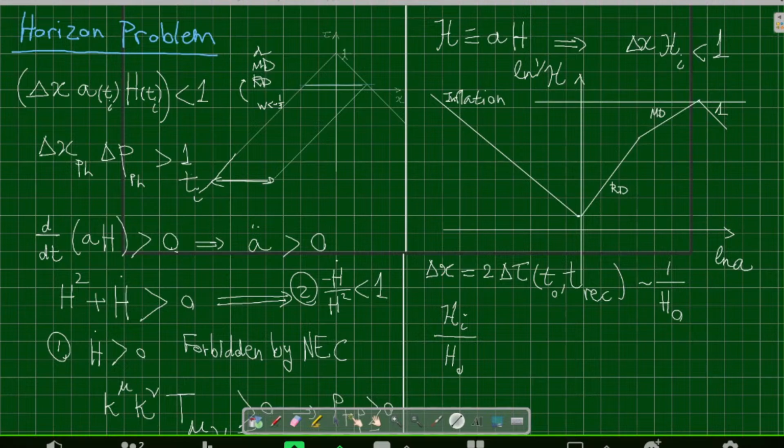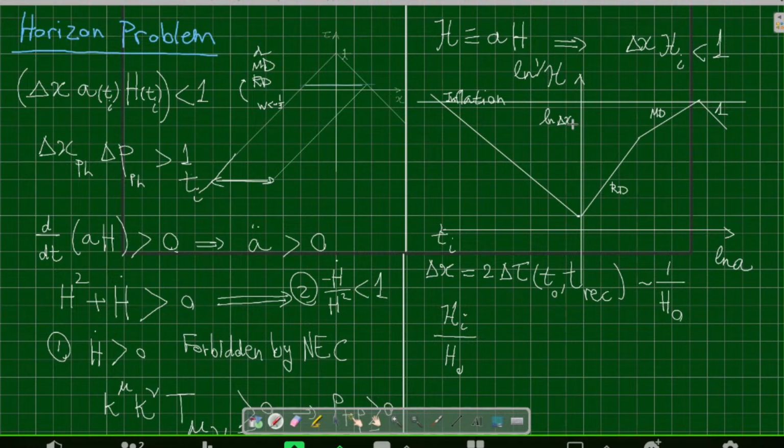We want inflation to last long enough so that at some early time that I call Ti, here, at this time, we want this length, which is log of delta x, to become small compared to the inverse of curly h, the co-moving Hubble parameter.